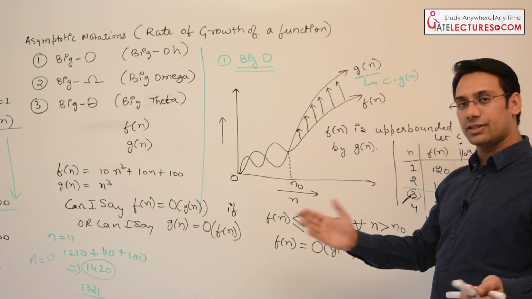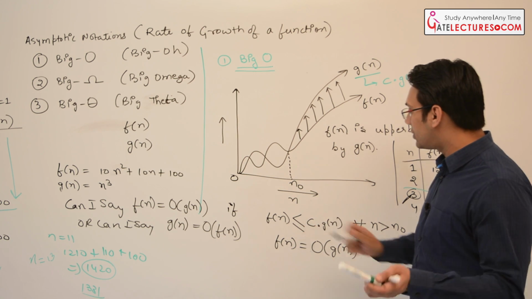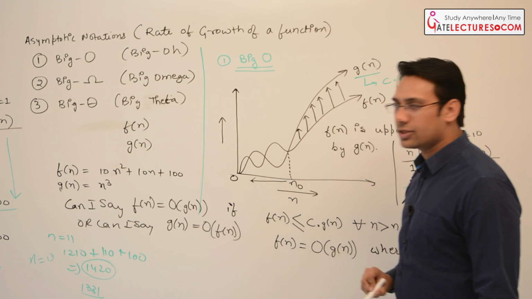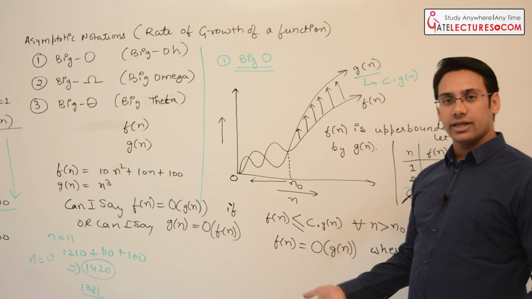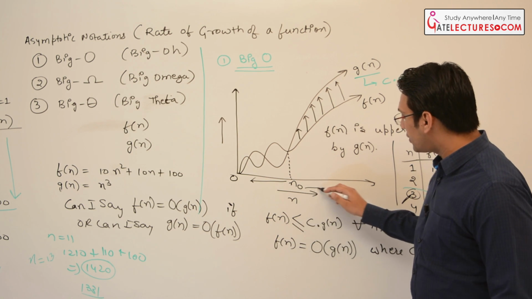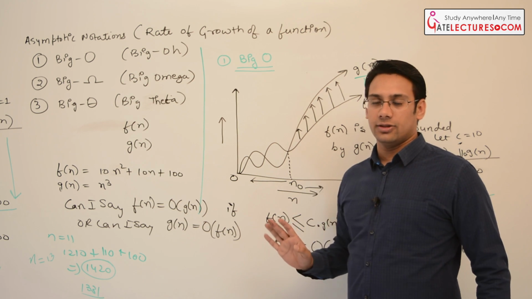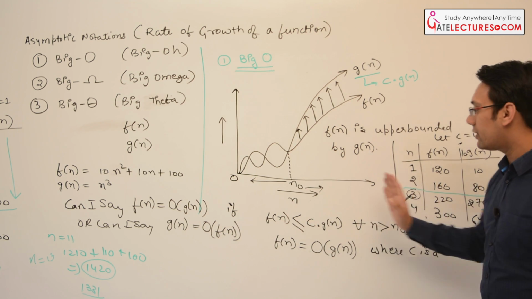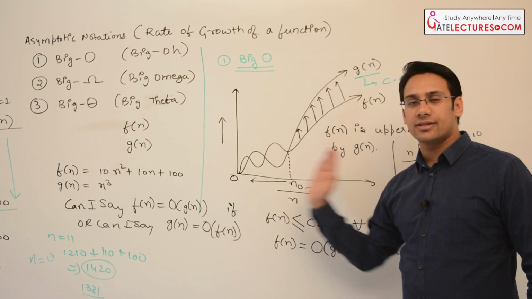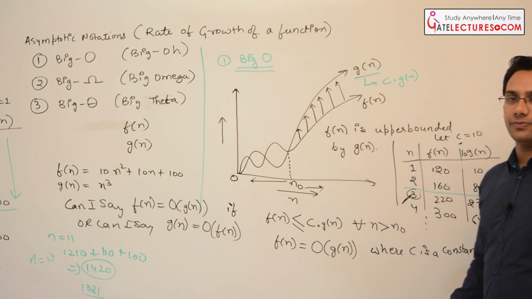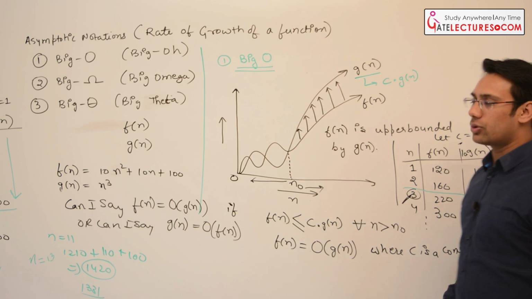If you take the value of C very big, then this point may shift in this direction. If you take the value of C small, then this point may shift in the other direction, but this point will always exist. The only thing you can do with C is shift these 2 points in these 2 directions. Okay, so this is the big O notation.